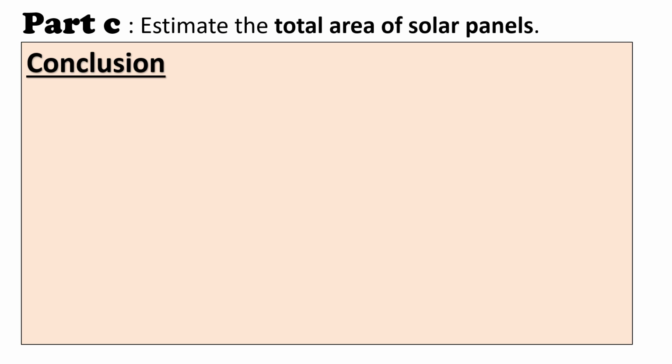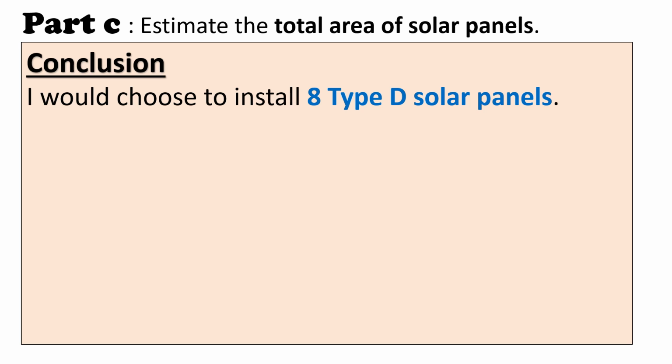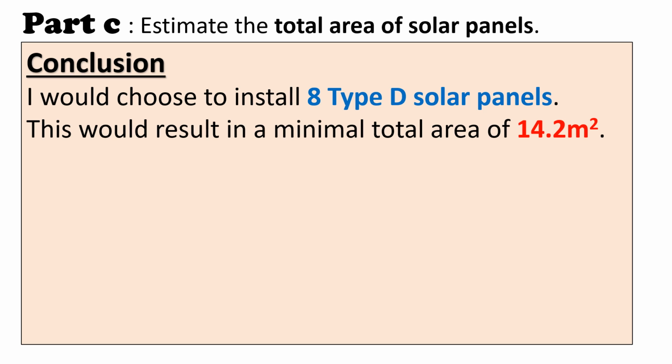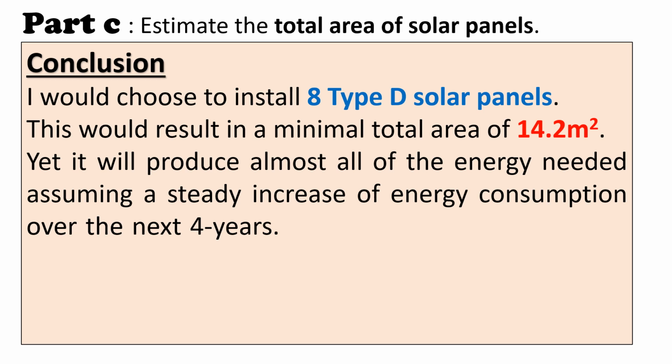Lastly, our conclusion. We would advise Chen to install 8 type D solar panels. This would result in a minimum total area of space used, only 14.2 square meters. Yet, these solar panels would produce almost all the energy that he would need, even accounting for a steady increase of energy consumption over the next 4 years.